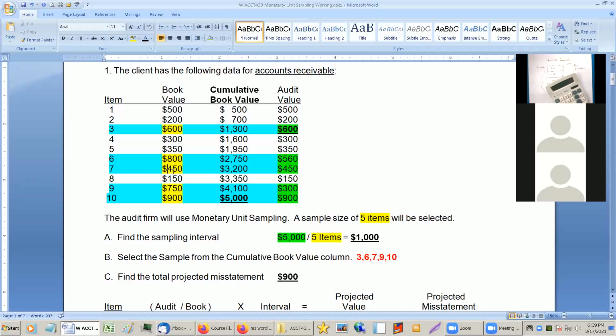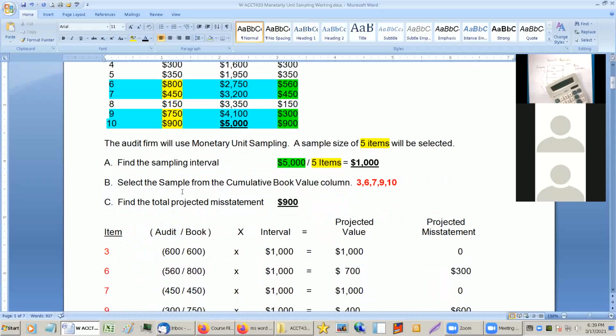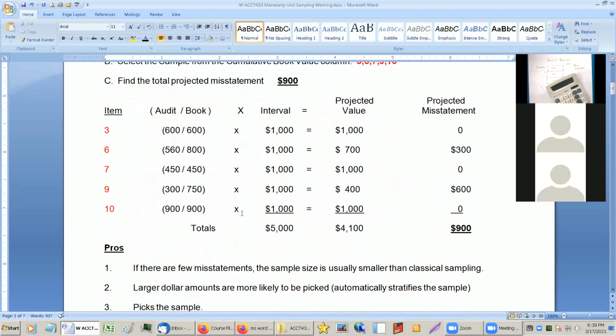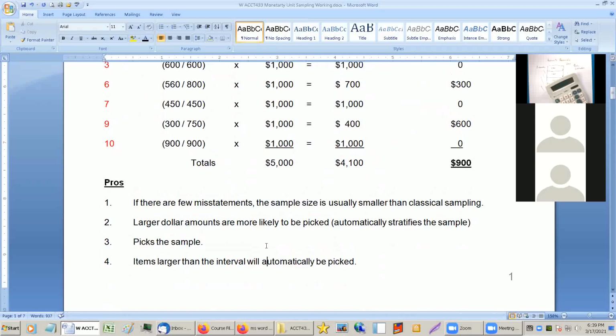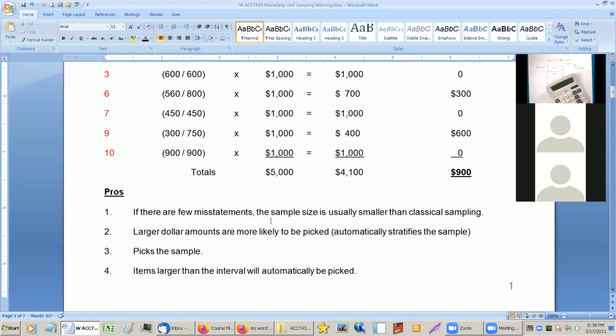It's more likely they're going to be the ones that cross the interval. So even if they try to be sneaky and spread it out over a few accounts, it's still more likely they'll be caught. That makes it really unique, and a very good one for finding material misstatements.